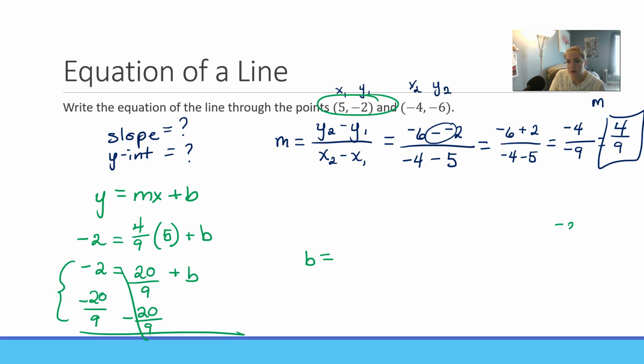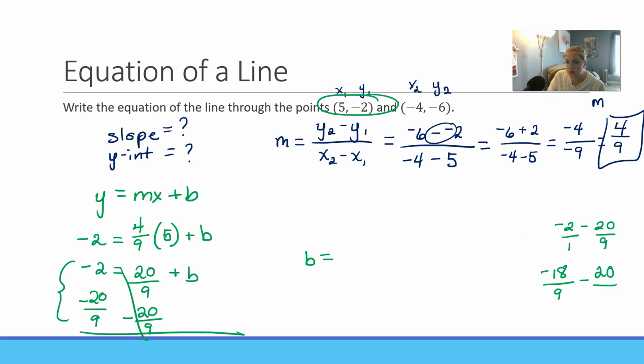So over on the side, I'm just going to have to rewrite this. So -2 turns into -2 over 1. Got to multiply this first fraction by 9 over 9. So that turns into -18 over 9.